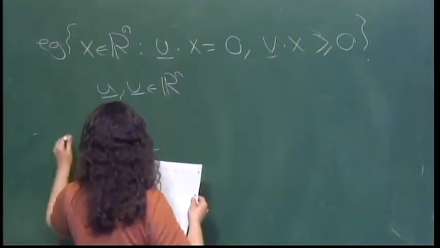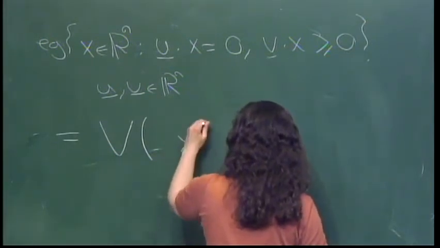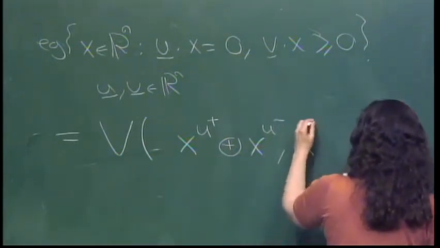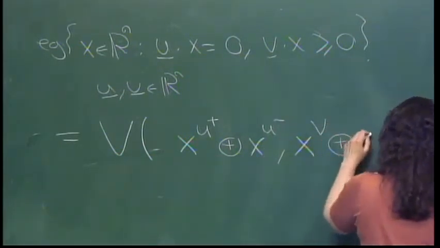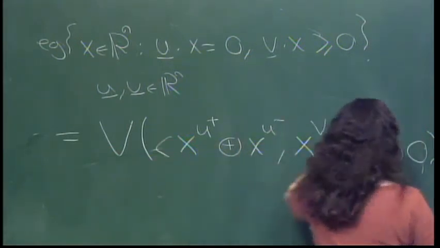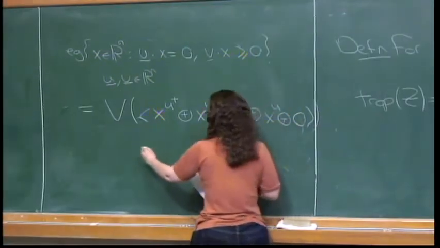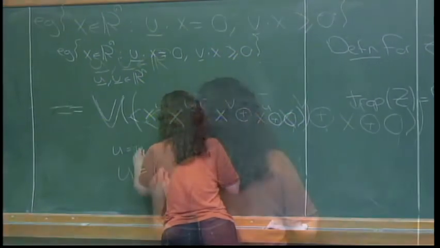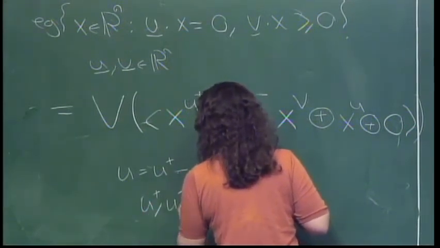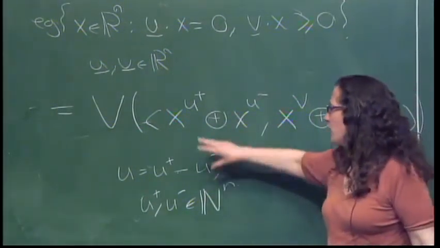So this set equals the variety of the ideal generated by x^(u+) plus x^(u-), written as if I'm using Laurent polynomials, though we could clear denominators. I'm just going to take two polynomials. The first is just the binomial, where u is u+ minus u-, and u+ and u- are in N^n.